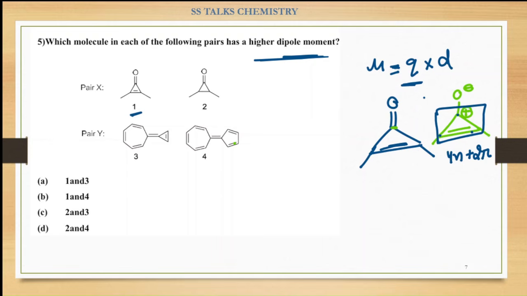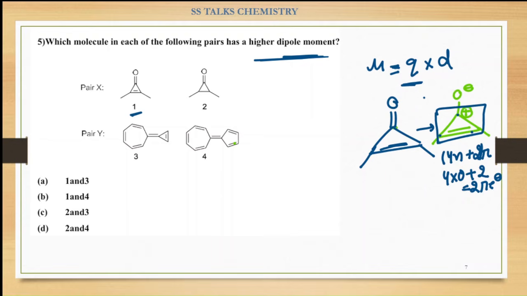If I keep n as 0, 4 into 0 plus 2 means 2 pi electrons are present. That means if I present the carbonyl group as the charged species, I get an aromatic ring, so this ring prefers to be present in this charged form.